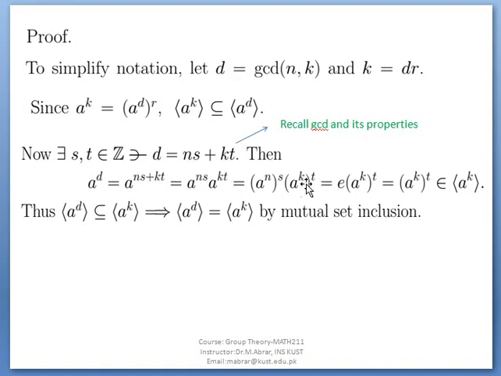A simple calculation shows that this is nothing but A raised to kt, which simply means, because it's a power of A^k, that it belongs to the cyclic group generated by A^k, and simply it means A raised to d is contained in this, and this was the reverse inclusion, so it means we have proved that these two are actually the same.